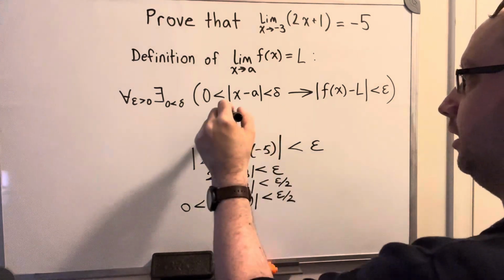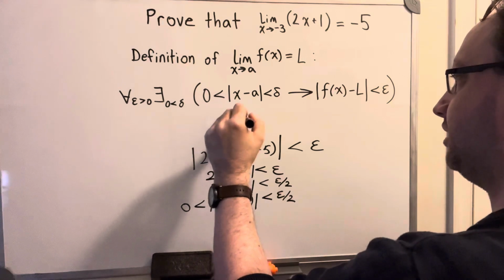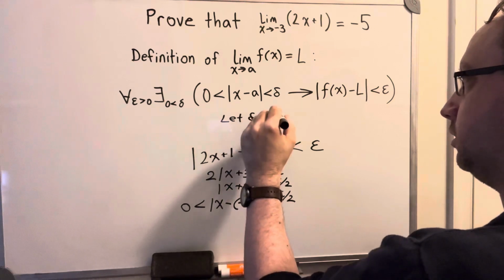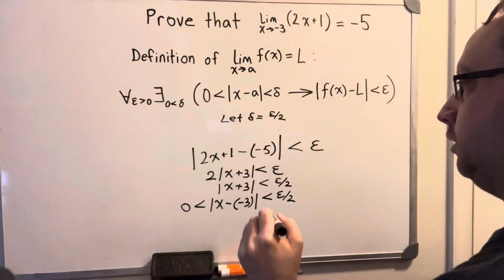So we say, let delta be a positive value that equals epsilon over 2.